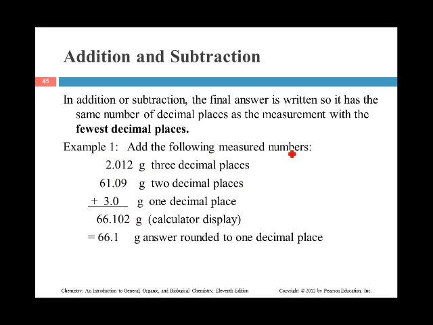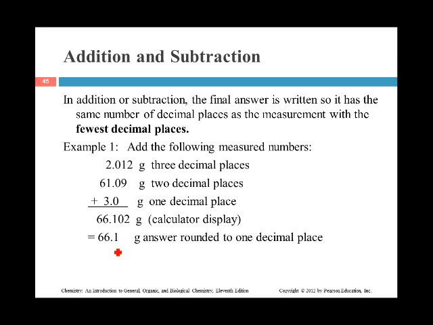Adding and subtracting is a bit more difficult. That's mainly because you have to analyze each of the numbers individually as far as their place value is concerned, rather than just simply saying how many significant figures there are. Notice that the decimal place is lined up.